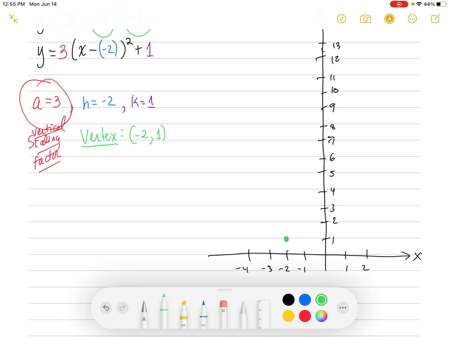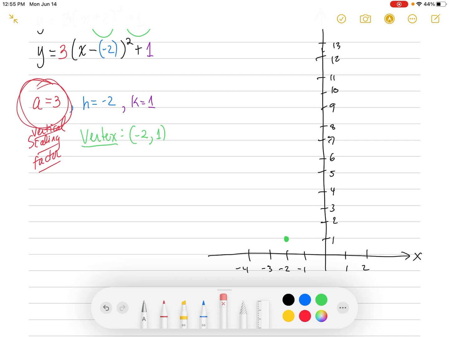Now, normally, when you're doing the typical y equals x squared parabola, you would first go right 1, up 1. But because we have the scaling factor here of 3, we're going to go up 3 and then right 1.